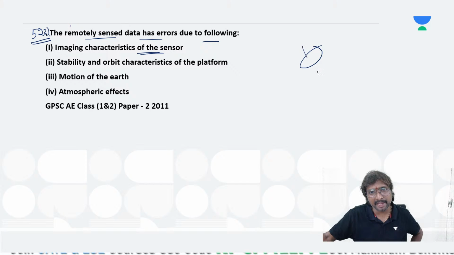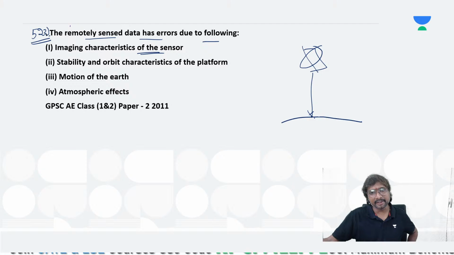Because of these characteristics, the satellite has an emitter that emits electromagnetic energy. Depending upon the interaction of this electromagnetic energy with the surface features of the earth, there is a sensor that senses the data. It is because of what?